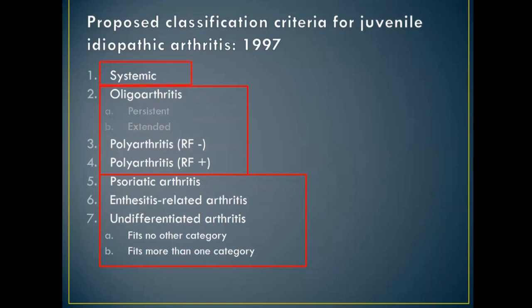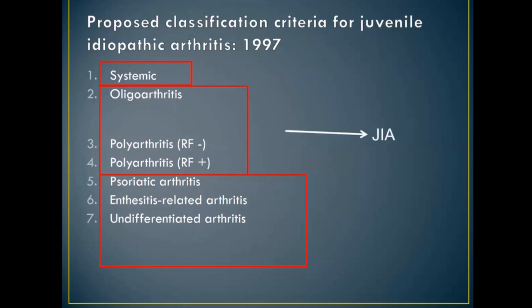So to make it easier, we get rid of whether you had 5 joints within 6 months or 6 joints at month 7. So it's either oligoarthritis, polyarthritis, the spondyloarthropathies, and systemic JIA, which is an autoinflammatory disease.